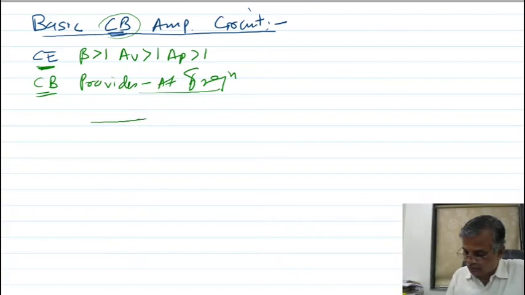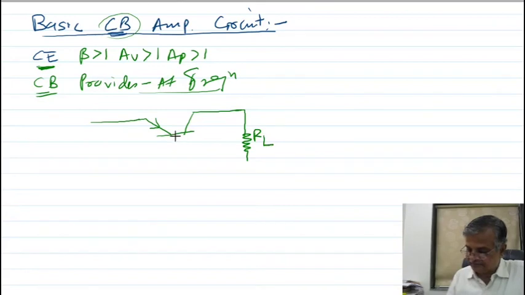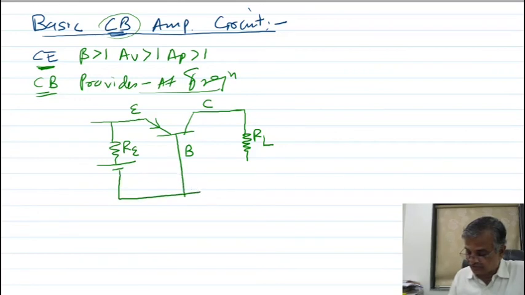This basic circuit is shown in the figure. This is your load resistor RL. This is your base, this is your collector, this is your emitter. This is your resistor RE, which provides the necessary bias current to the circuit.